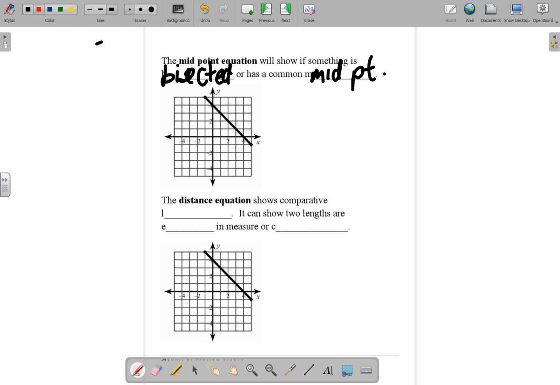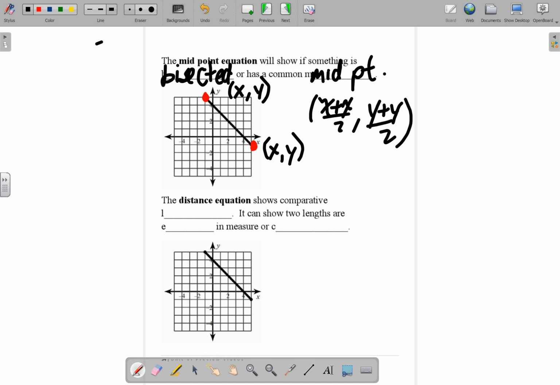So if I want to find the midpoint of this segment here, first I find my two coordinates, and we have an x and a y coordinate there, and an x and a y coordinate there. If I wanted to find the middle, it's add the x's, divide by 2, add the y's, divide by 2. So you use that when you want to find the midpoint.